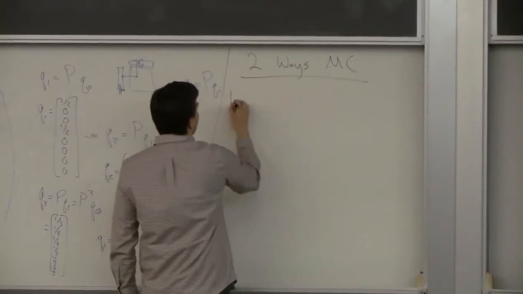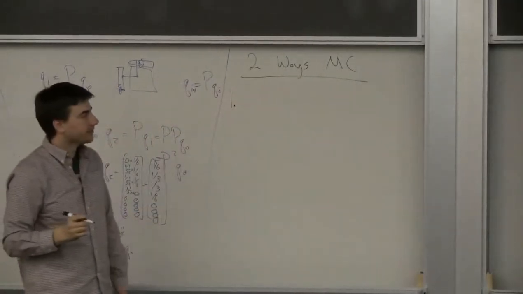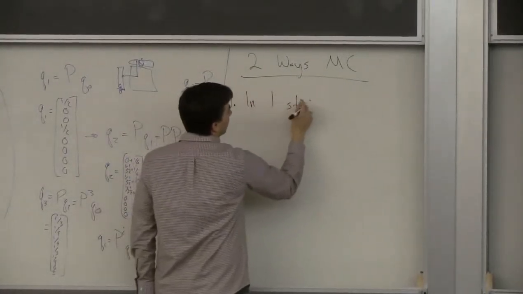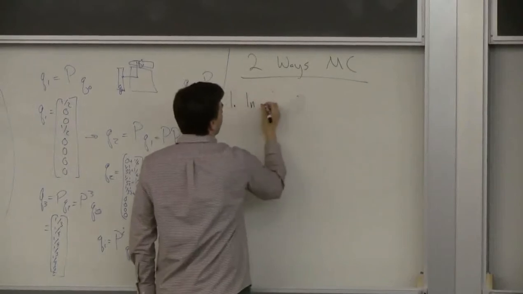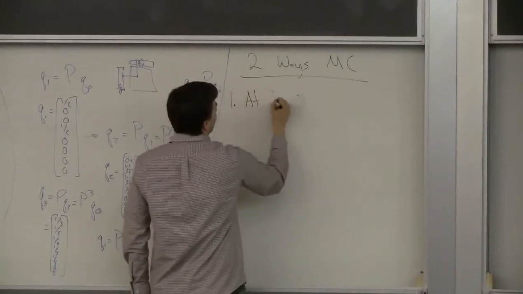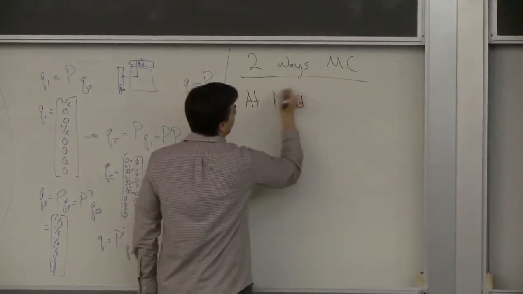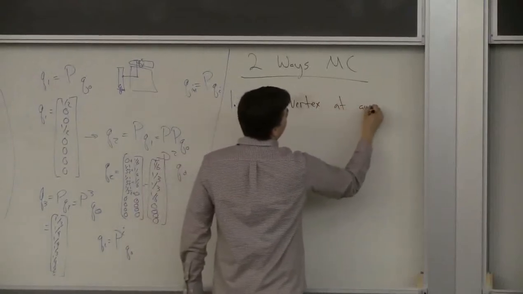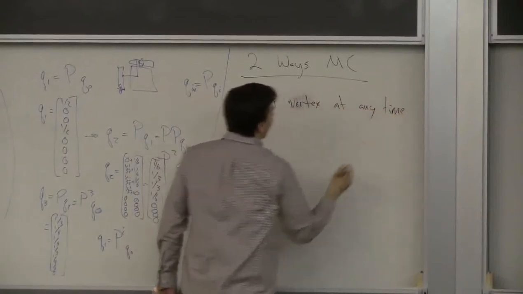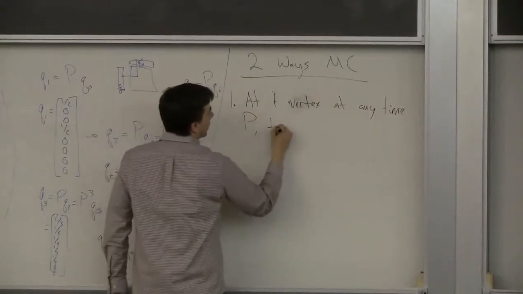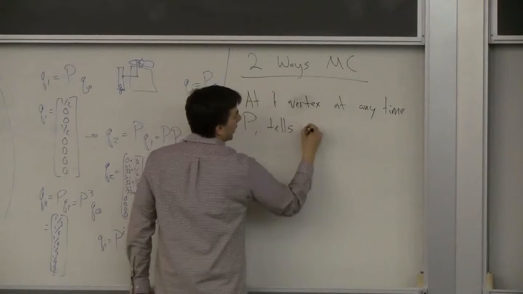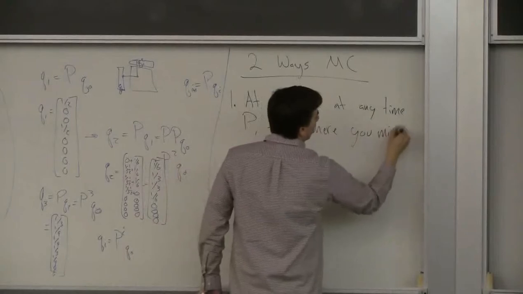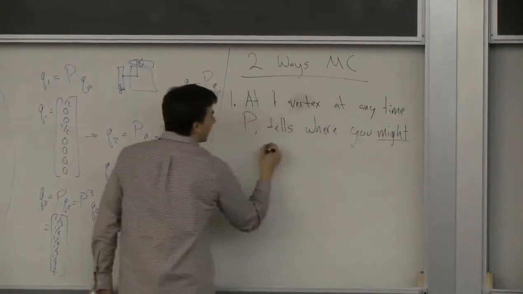The first way of thinking about it is that you're at one node, or one vertex, at any time, and P tells you where you might go next.